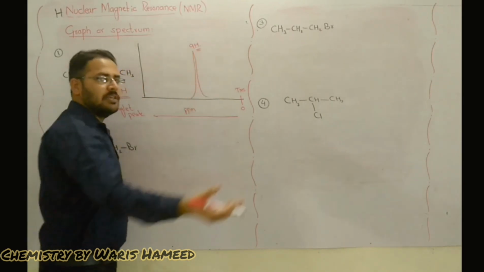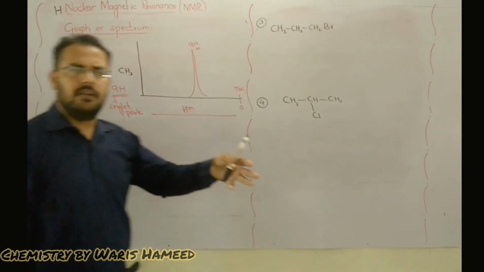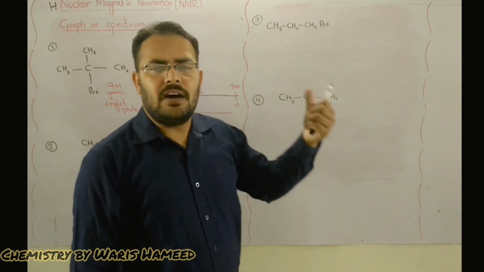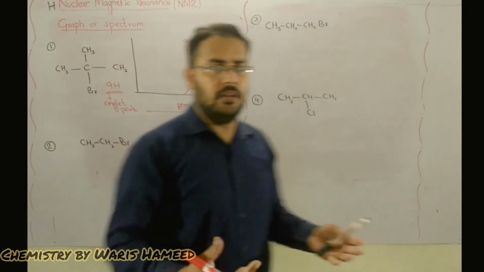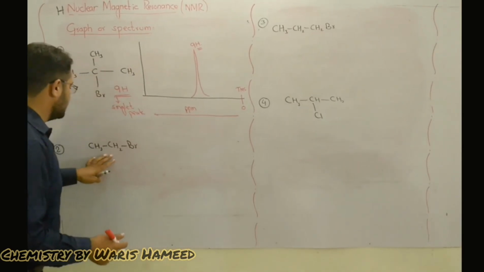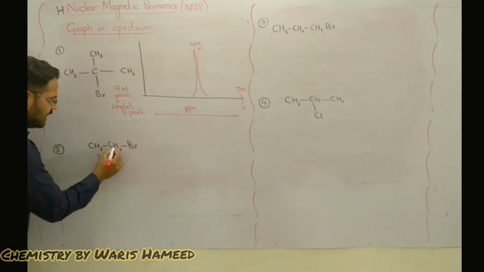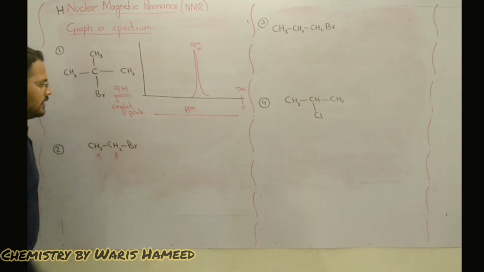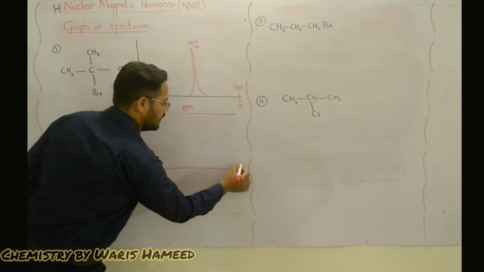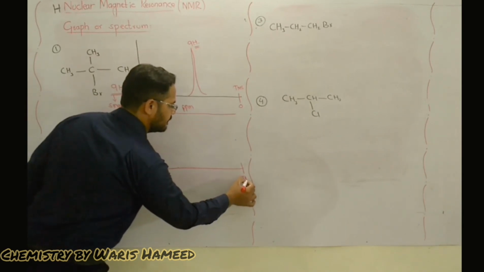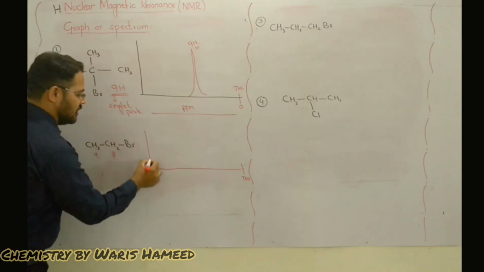Why is there no separation? Because all protons have a similar environment, so they are electrically neutral. In this case, there are 2 protons. First, these are alpha and these are beta protons. Here is TMS and here will be the absorbance.